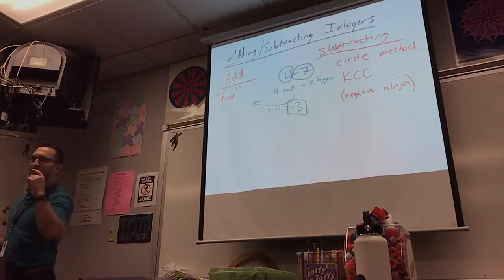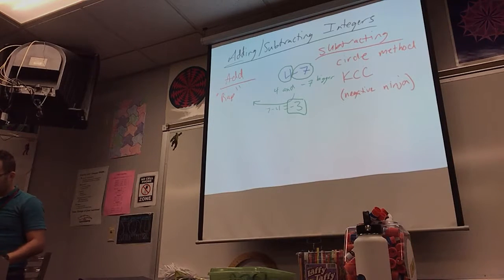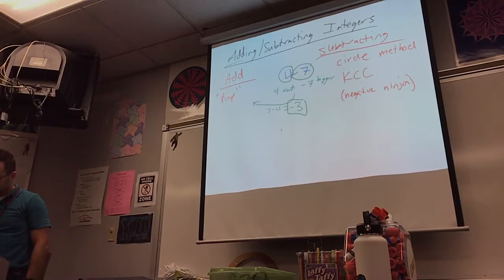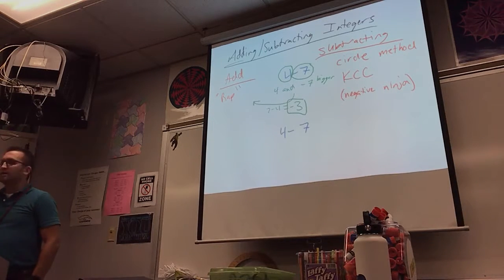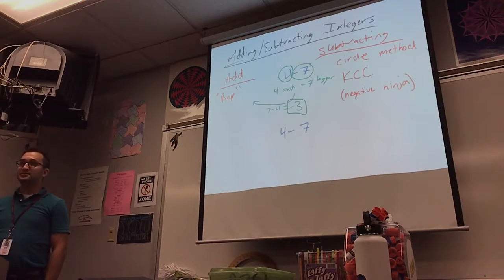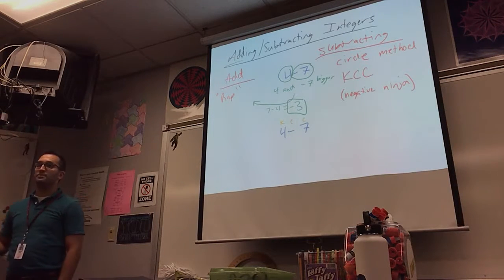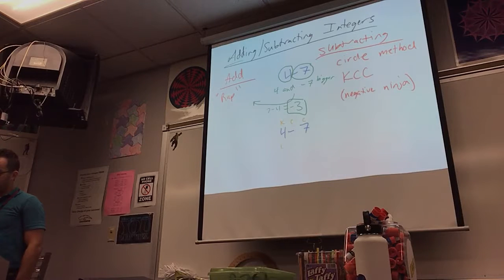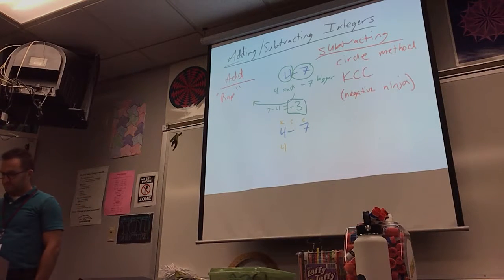Now, many of you might have been able to just picture that one in your head. That's okay. Let's do the next one: 4 minus 7 again. This time we're going to do KCC. We're going to do keep, change. The 4 is kept as 4.